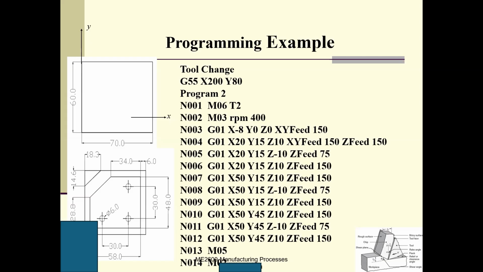And then I go to another position. Another position is 50. This is an x coordinate. This coordinate is the same. But y coordinate, I add this 30. So this is 15 plus 30 is 45. So I go there and then I drill it, and then I just retract my drill bit.